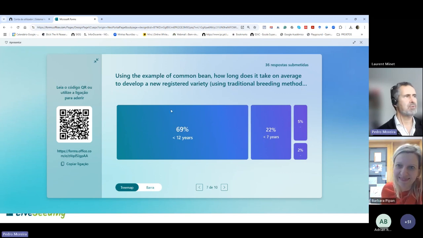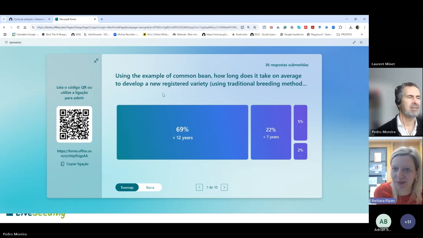Do you want to follow this one also? Yeah, okay. So we were talking here about approximately 10 years. Of course it could be more, but it couldn't be less.